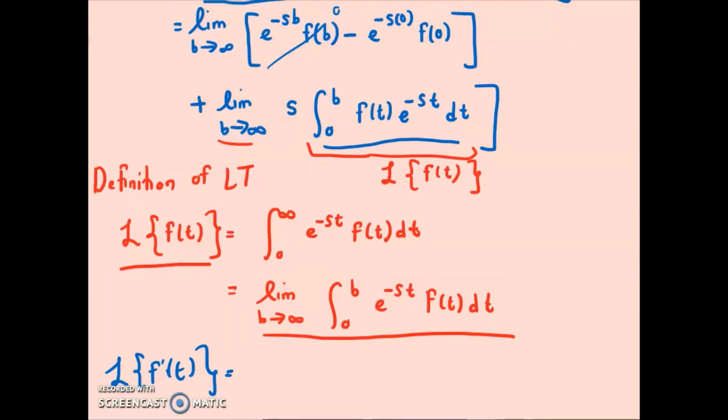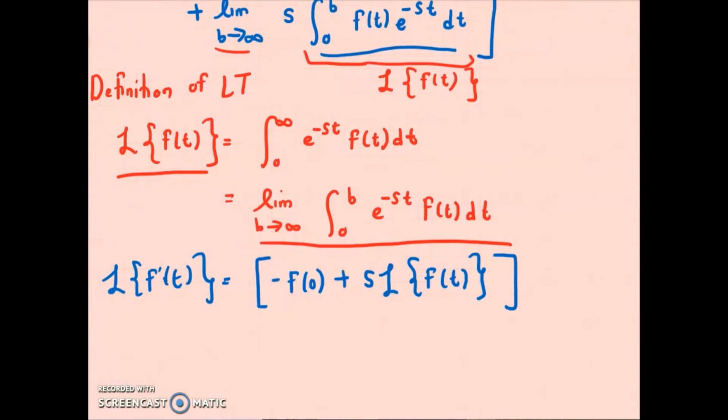So I have negative f of 0, and then plus s times the Laplace transform of f of t. I hope you're with me. So I can write this as: the Laplace transform of f prime of t is s F(s) minus f(0). This is the definition of the Laplace transform of f prime of t.